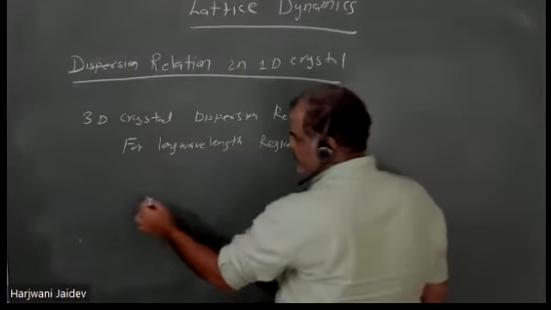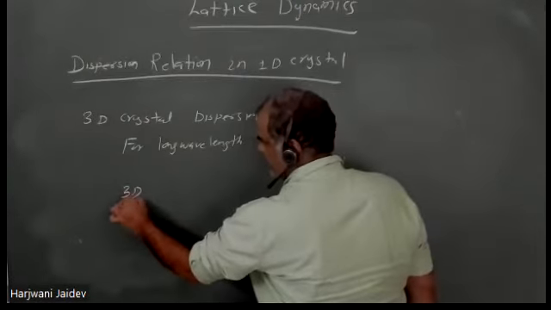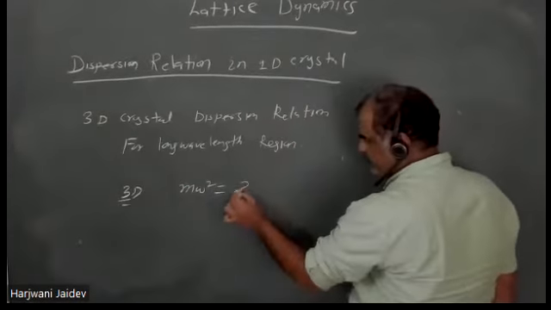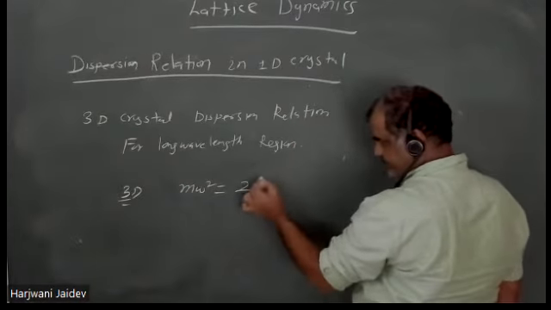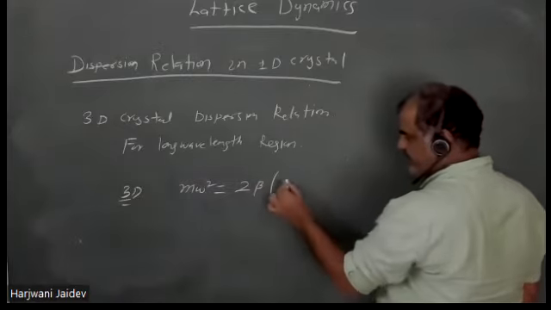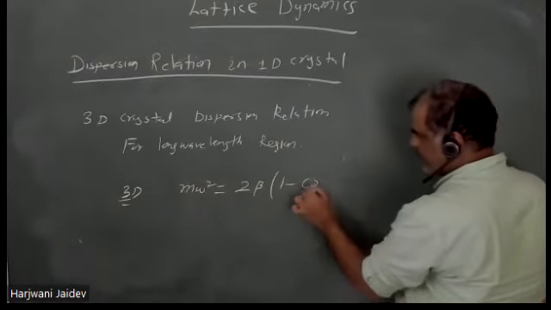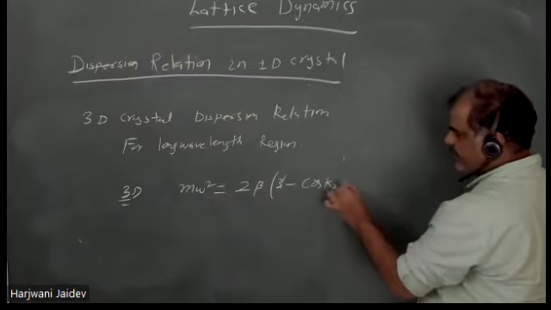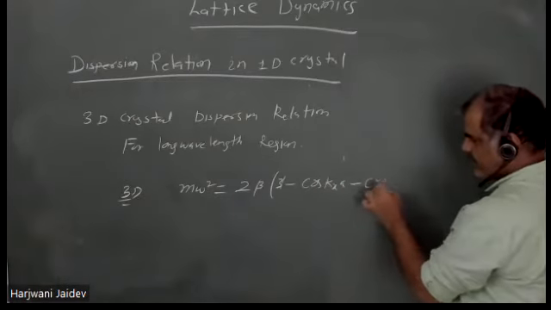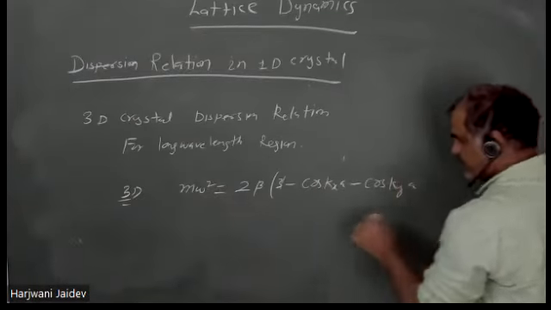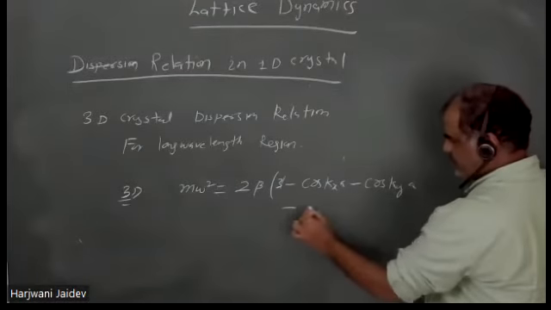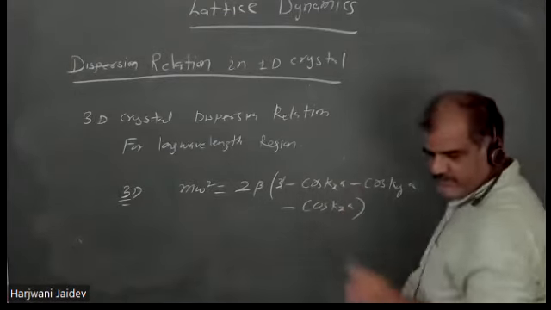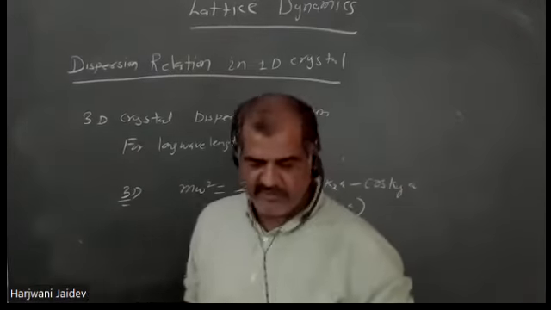What we discussed yesterday, for 3D we have m omega square equals 2 beta times (3 minus cos kx a minus cos ky a minus cos kz a). So derive this dispersion relation for the long wavelength region.